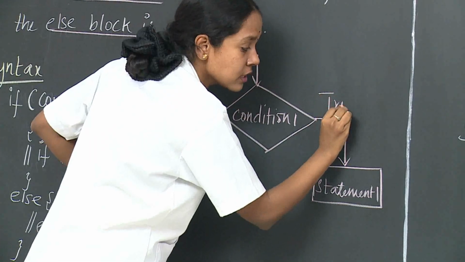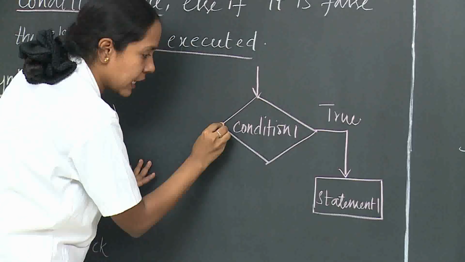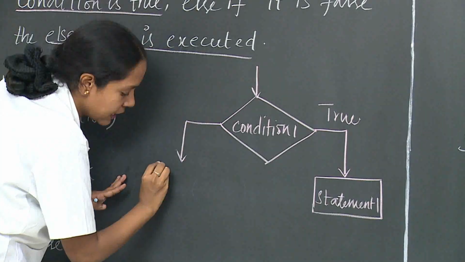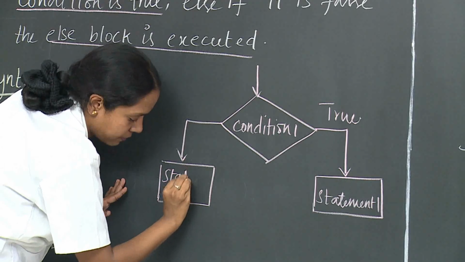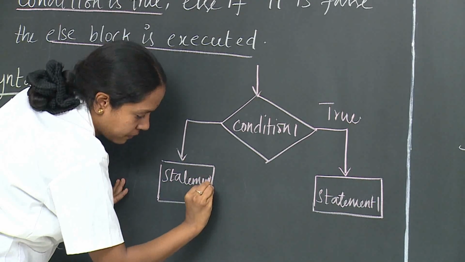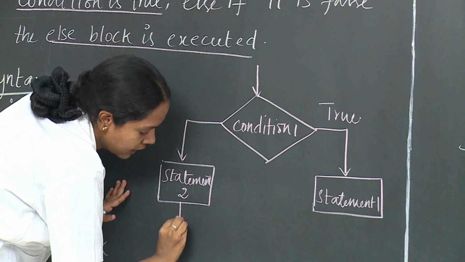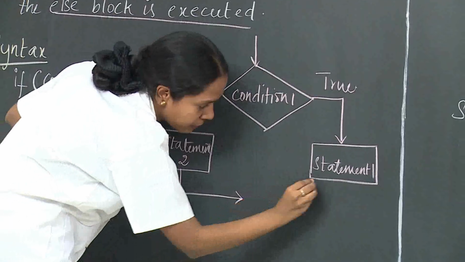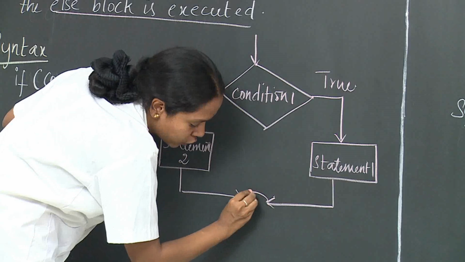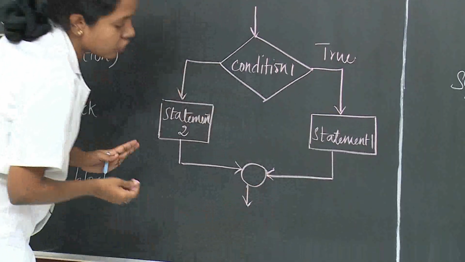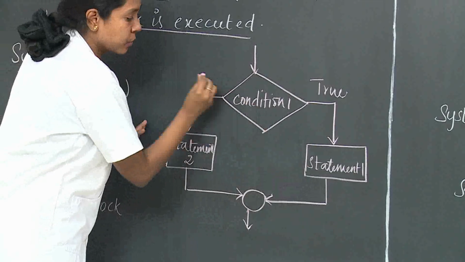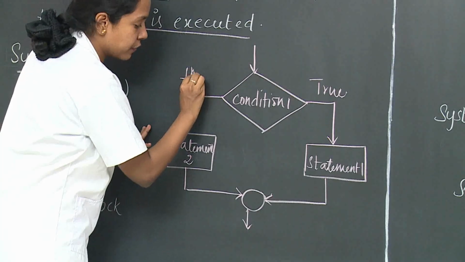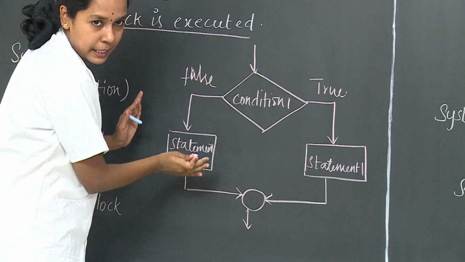If the condition is false, it will execute another statement. Then both of these exit the loop. So this is the flowchart. If the condition is true, it will execute statement 1. If the condition is false, it will execute statement 2.